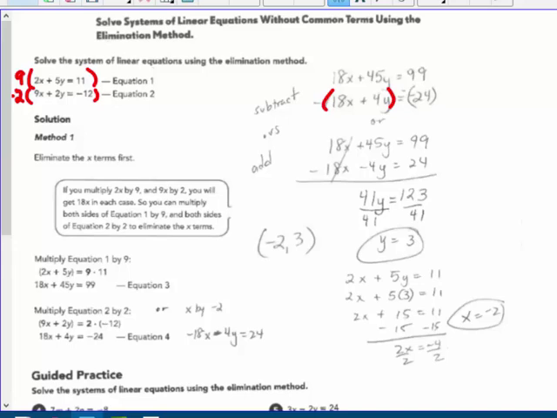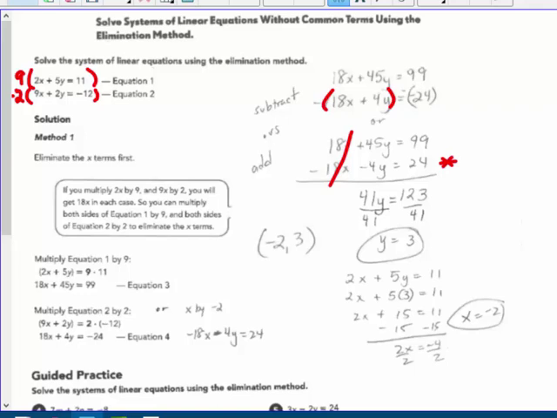And I distribute a negative immediately and get negative 18x, negative 4y, and positive 24. I do it like this. Then those will cancel, and 45 take away 4 would give you 41. 99 plus 24 is 123. Dividing by 41, I get y equals 3.